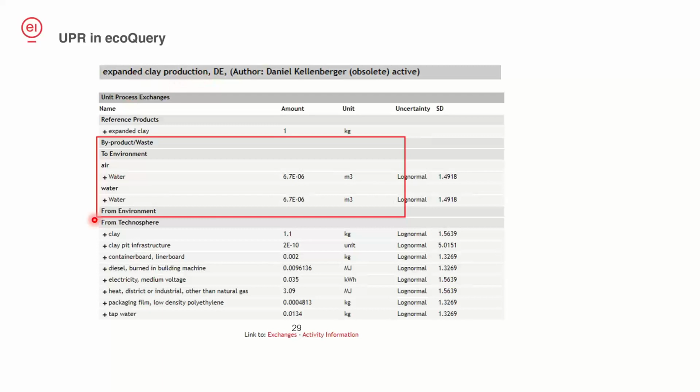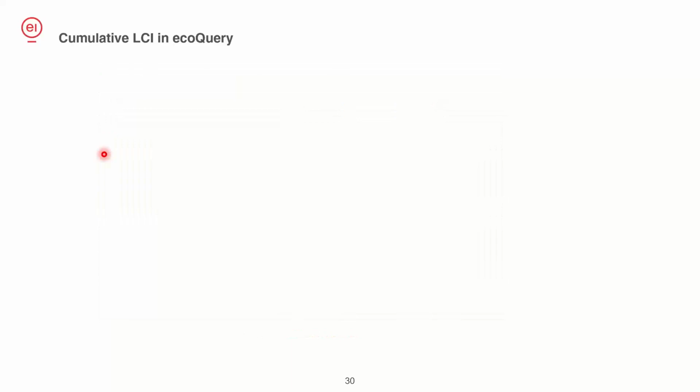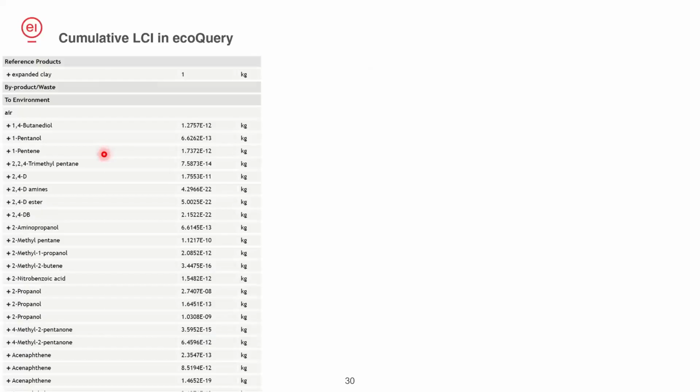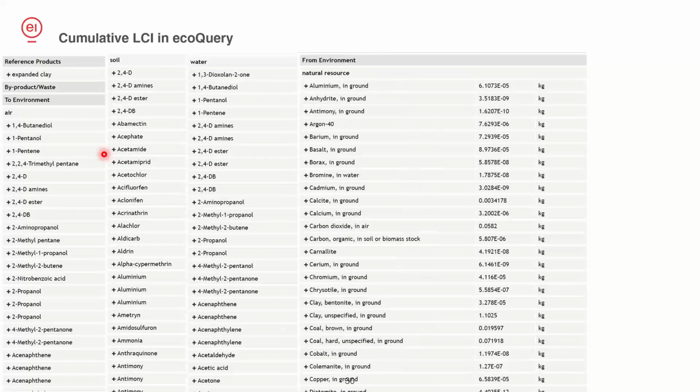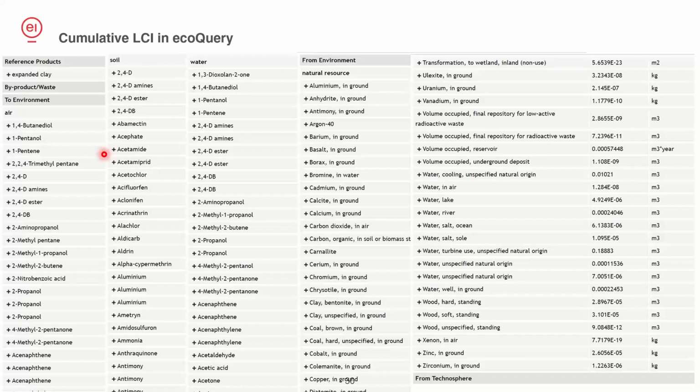This activity has inputs from technosphere and emissions to the environment. It's a unit process. It's a gate-to-gate process. If we look at the same activity but in a cumulative LCI format, then we have a long list of emissions and inputs from the environment. This is just very few of these exchanges.